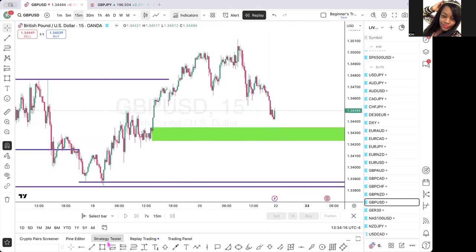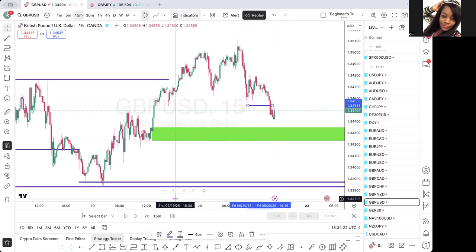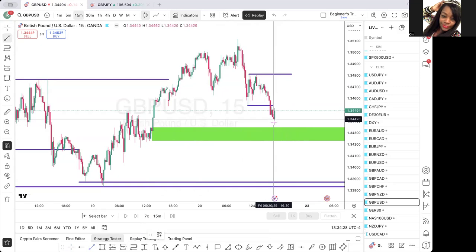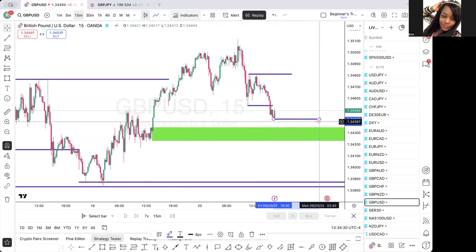And as you can see, now I'm identifying structure. I have a break of structure here. I have a swing high here. And I have, currently, a swing low here.